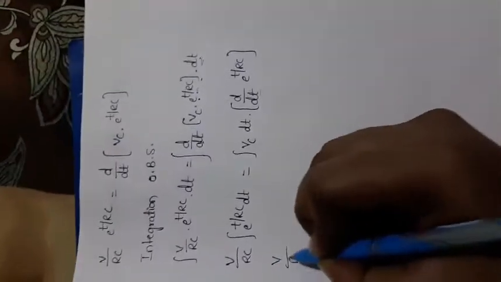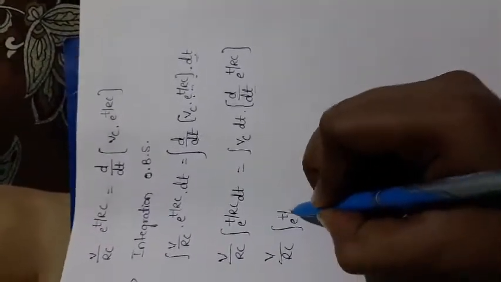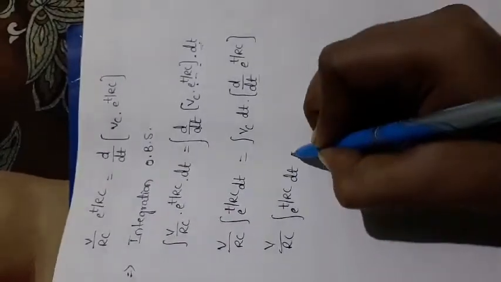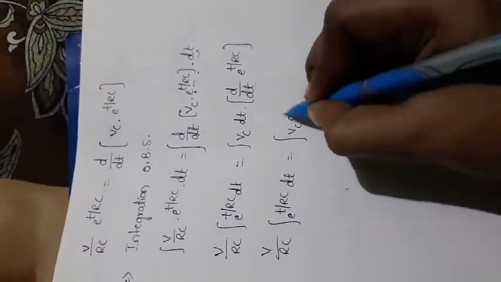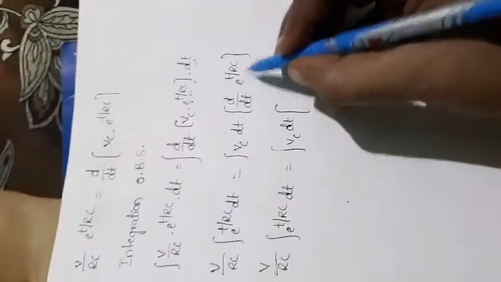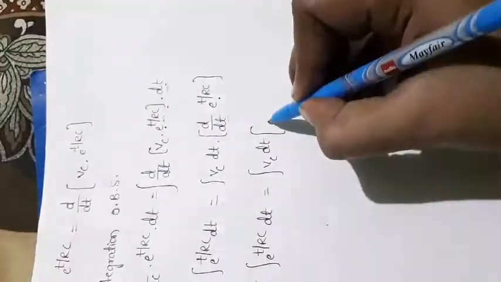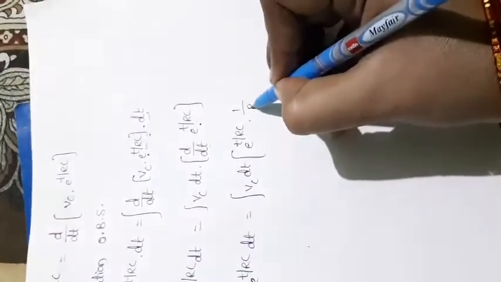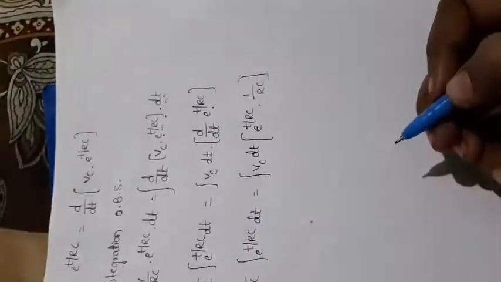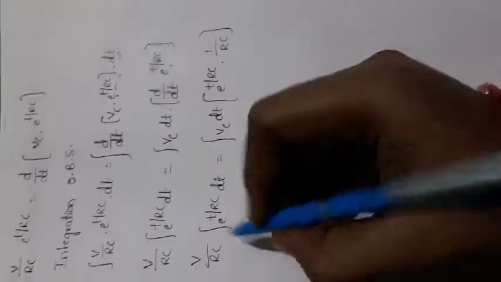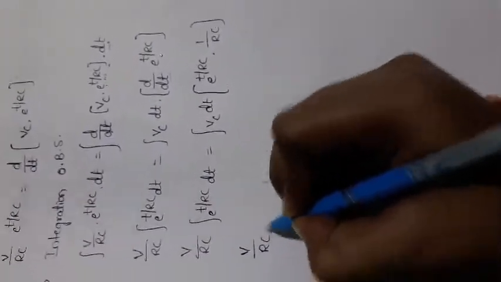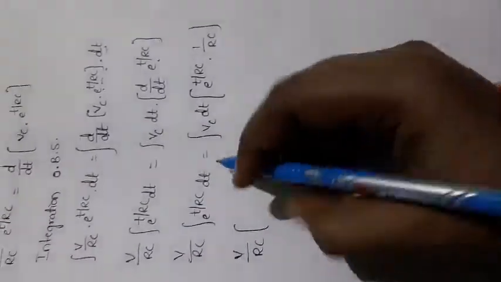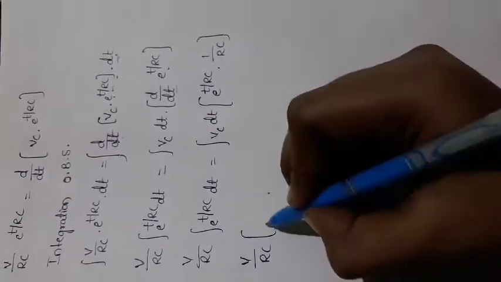Okay, so V by Rc into the integral of e power t by Rc dt is equal to the integral of Vc dt into, here, the differentiation of e power x. Already you know the e power x formula: it is again e power x into the differentiation of x, that is 1 by Rc here. Okay, so now we'll go for the next step. V by Rc into, now apply the integration for this, that is the integral of e power x.